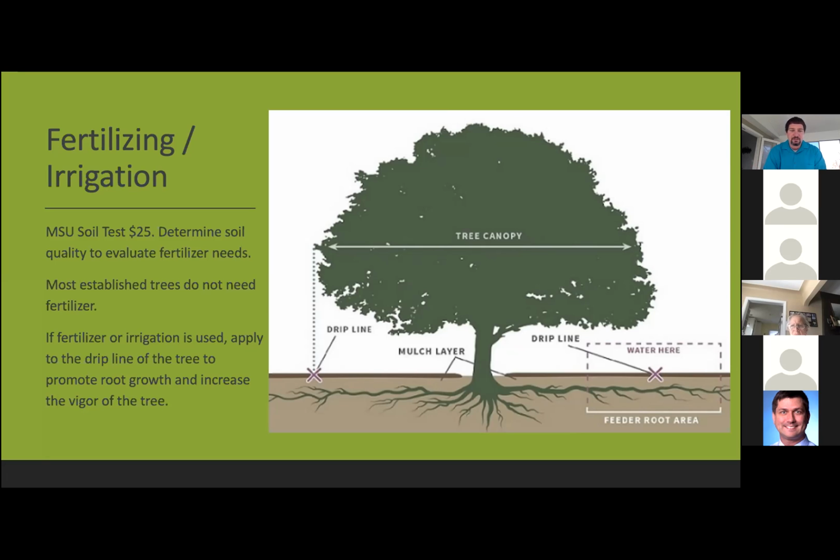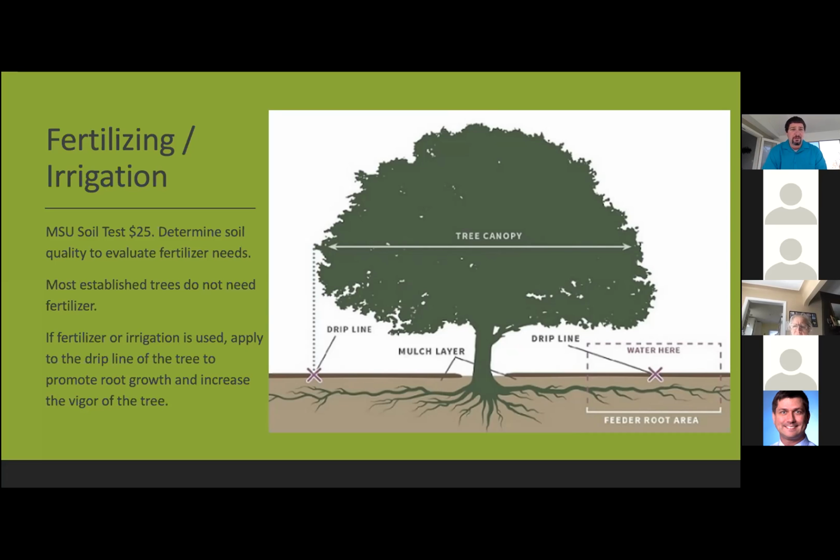So generally speaking, trees don't need a lot of supplemental help unless they are newly planted or unless we have some catastrophic weather event. If we have a drought like what California is experiencing, that might be a reason to start thinking about extra irrigation.